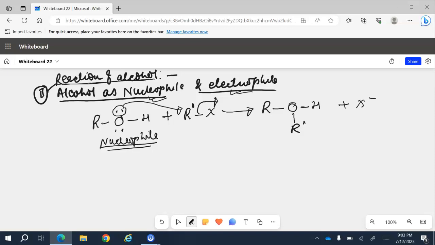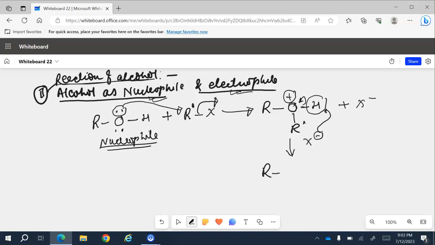Since now this oxygen has 3 bonds, that is when it will have a plus charge. The next step that needs to happen is to deprotonate this hydrogen. So this X minus will grab this proton, deprotonate to neutralize this plus charge.